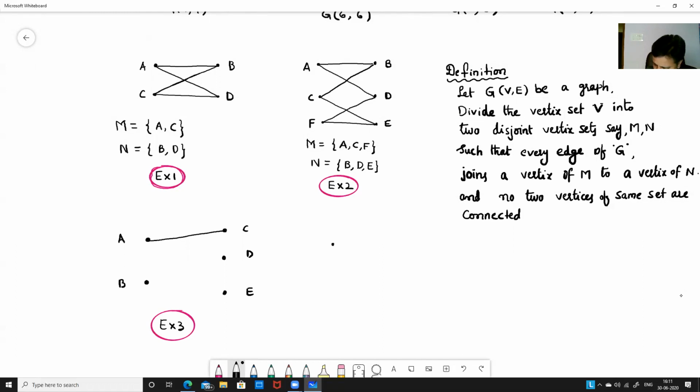Like we have A, then B, C, D, E. Can I say it is a bipartite graph? Yes, it is also a bipartite graph, which is example number 4. Okay, final example.